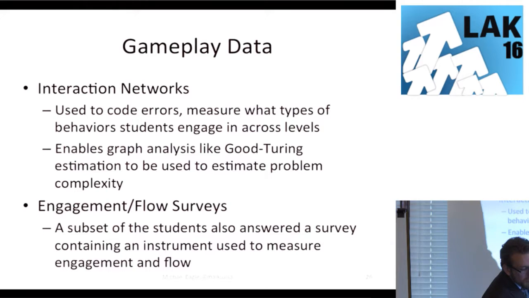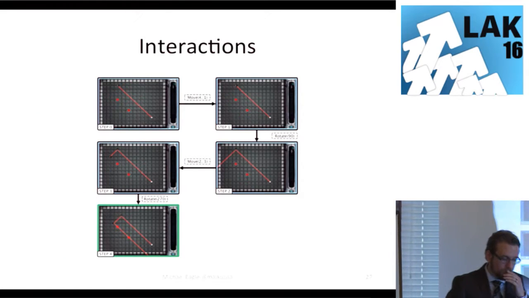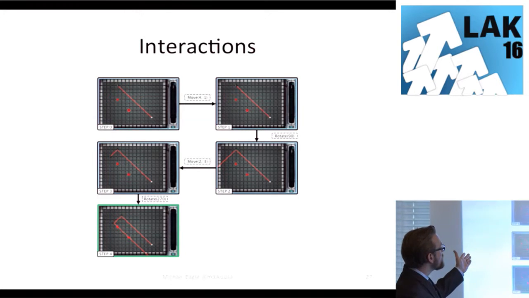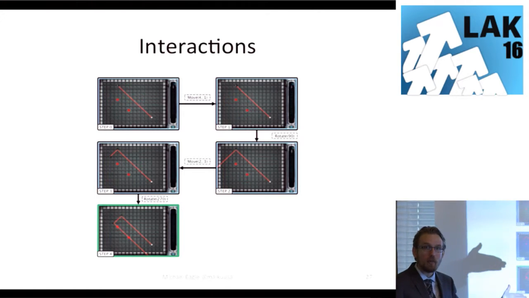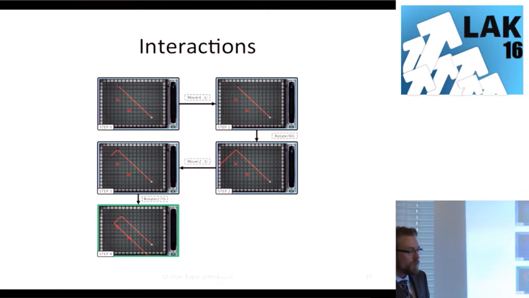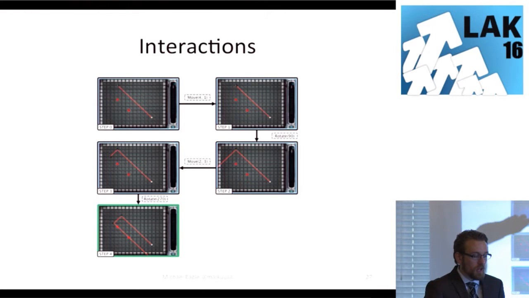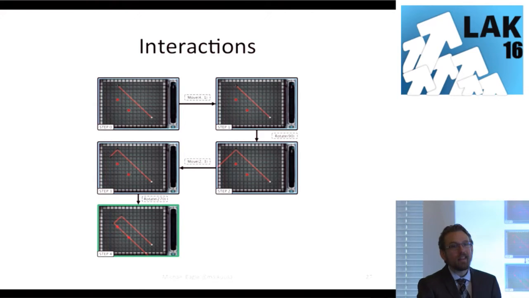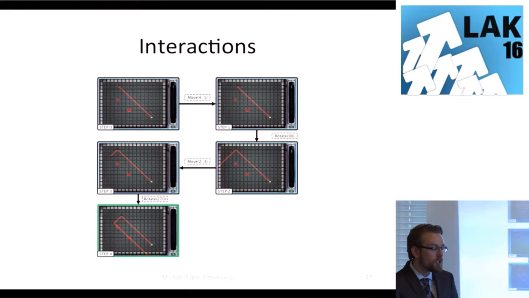And so what we did is we built what we call an interaction network. If you remember from earlier, I have this, which is maybe one student's path or one student's attempt towards solving the problem. We call that the interaction line or a solution attempt.